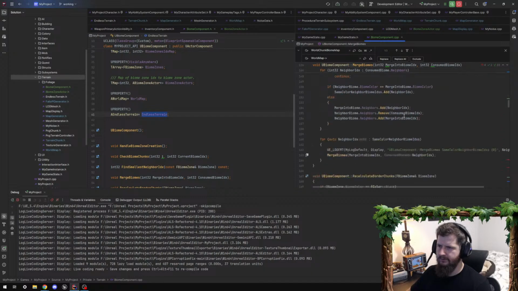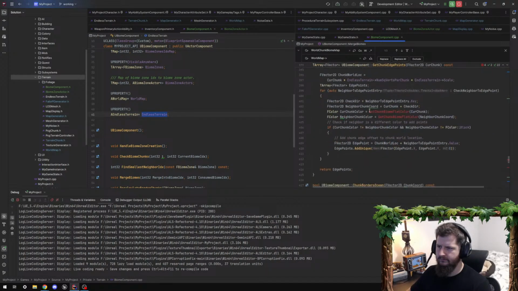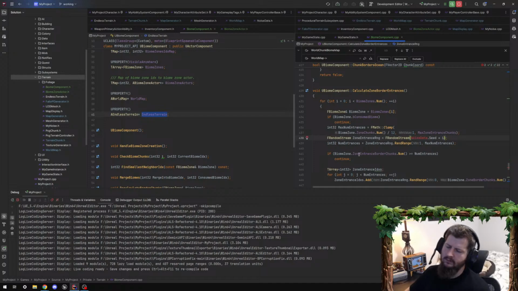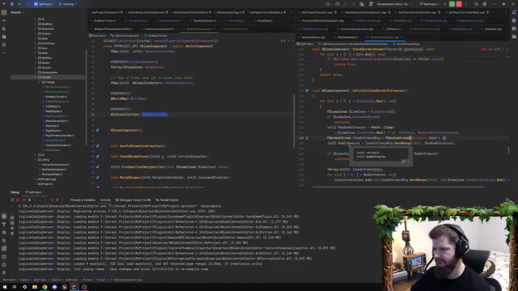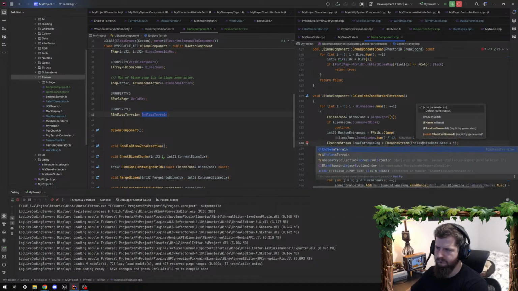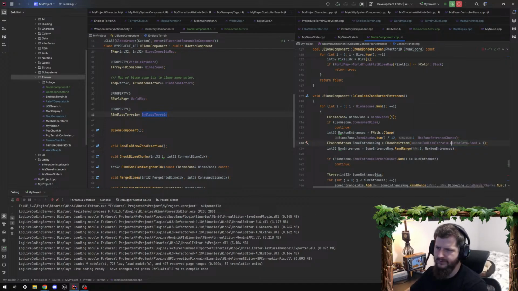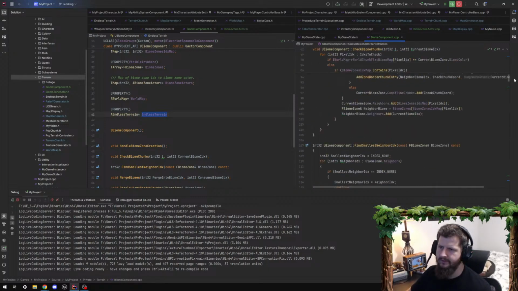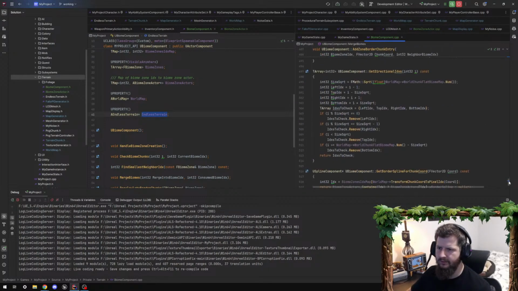Just going to manually do that one. Noise data. Just get that from endless terrain. World map. Okay, so I feel like that should be everything.